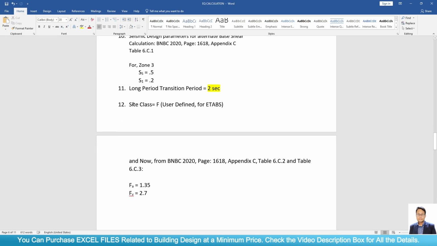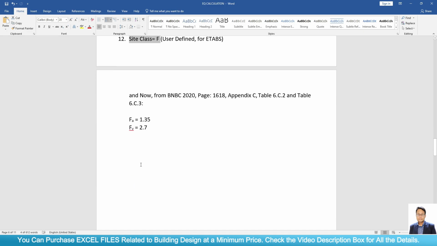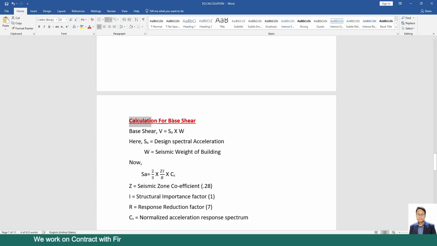In ETABS, we have to define site class as F, otherwise we can't modify these values of Fa and Fv. We will discuss this very soon. Now we will go for the calculation of base shear.